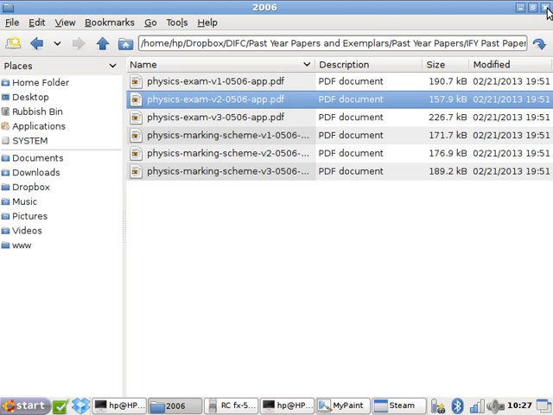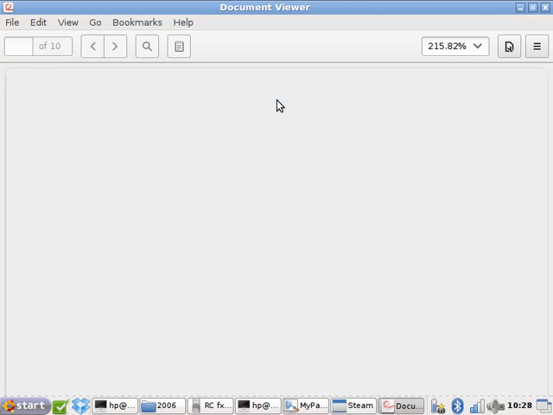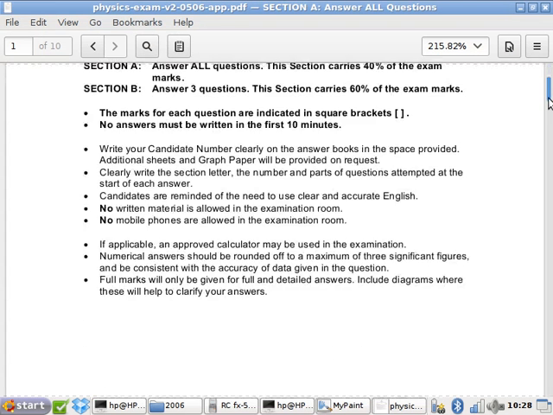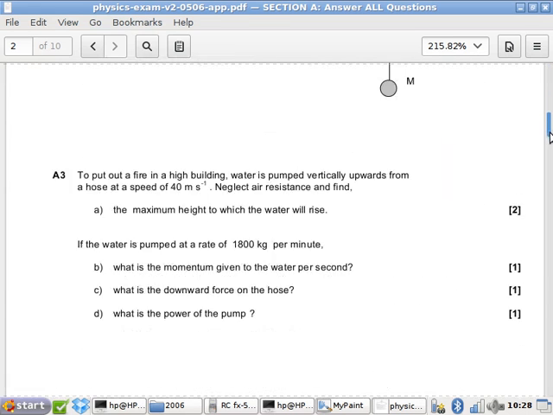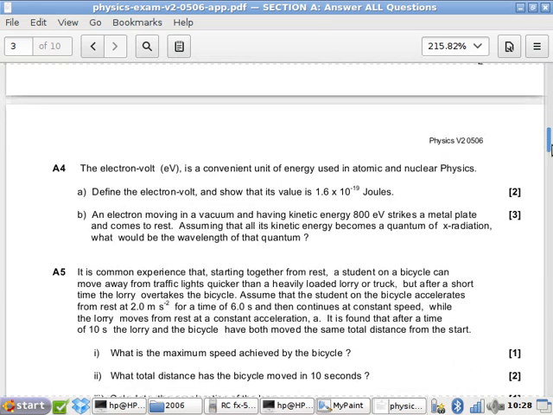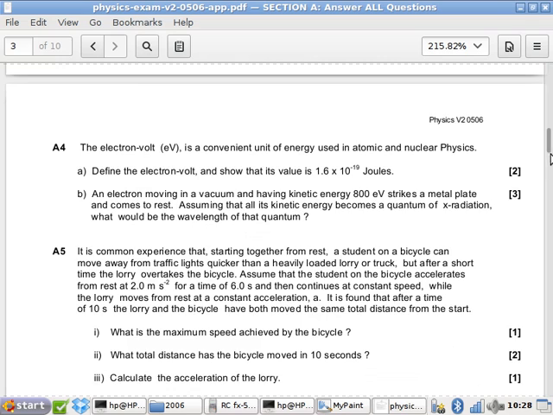Let's have a look here. Okay, let's see what the fields are like in this one. Electron volts. Yeah, okay, no, we can't do that one yet. That's the mechanics.